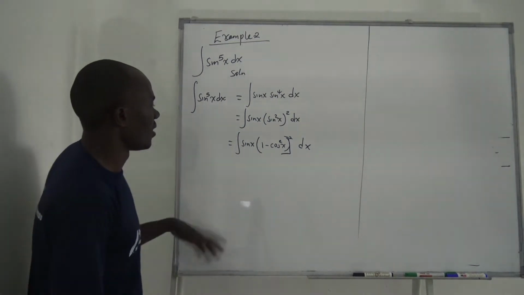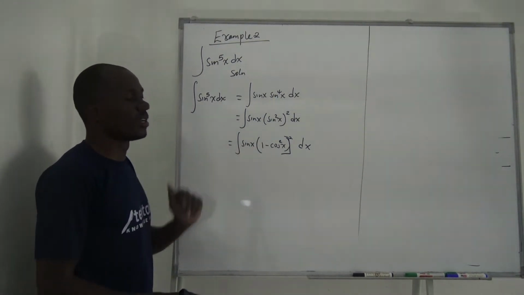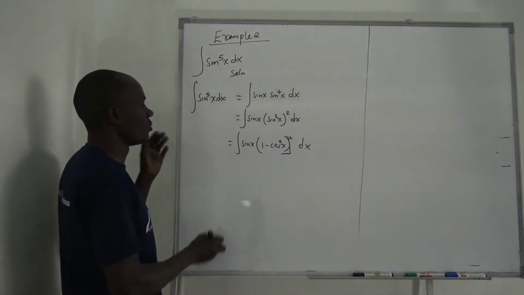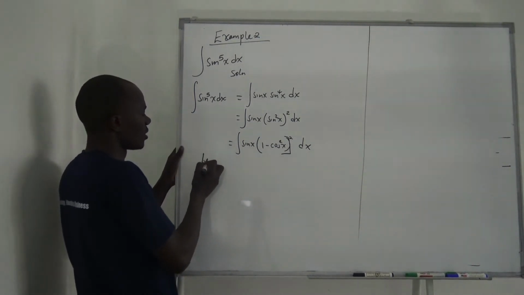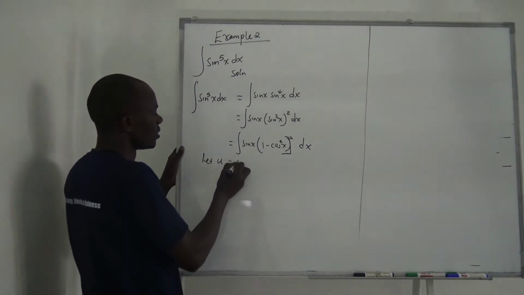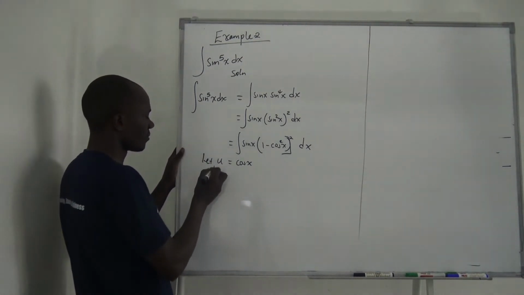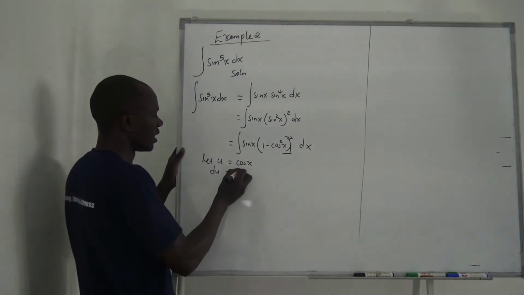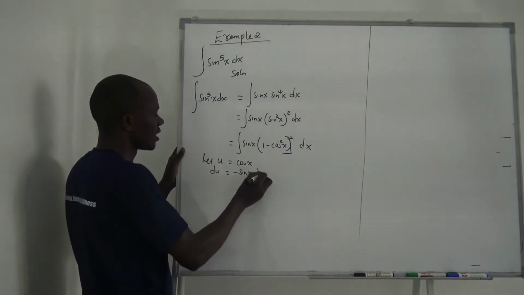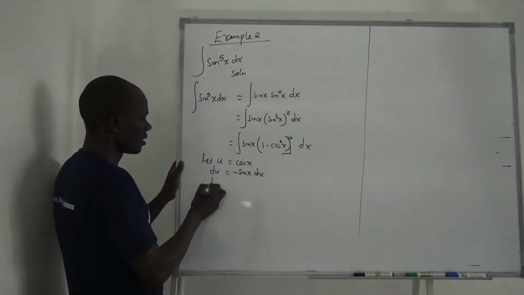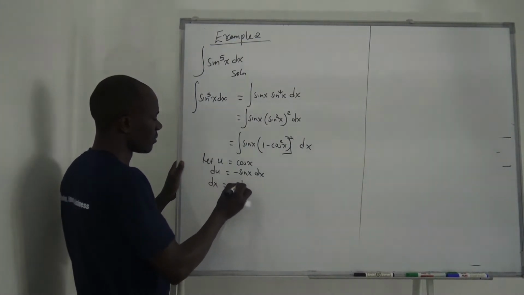Now, when I differentiate a cos, I get something related to what is outside, which is a sine. So we shall say, let u equals cos x. Then we differentiate: du equals negative sine x dx. Make dx the subject. What is dx? dx becomes negative du out of sine x.